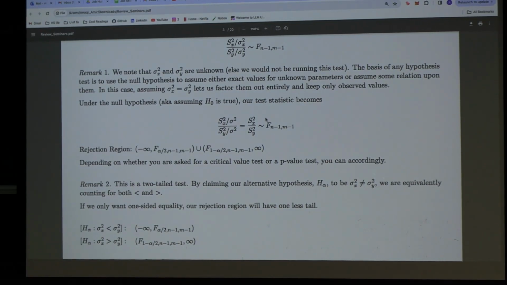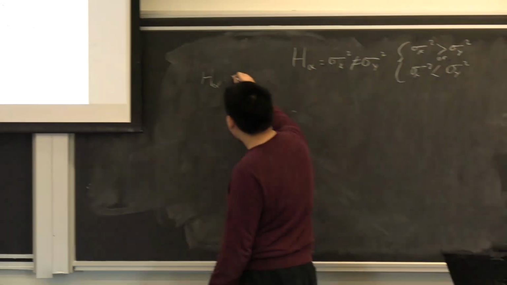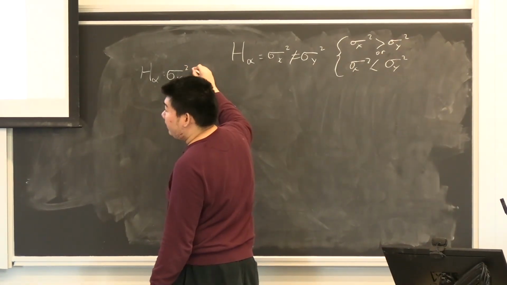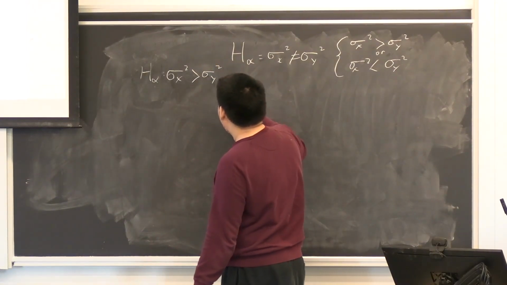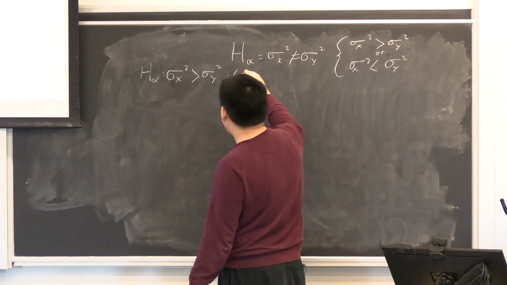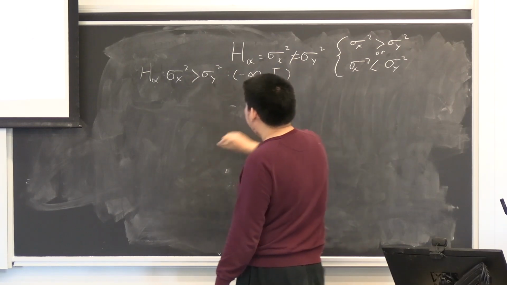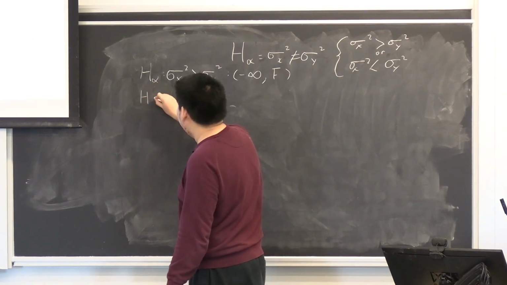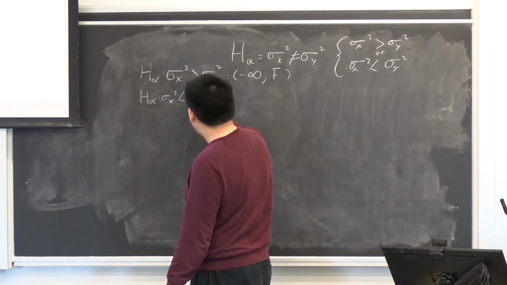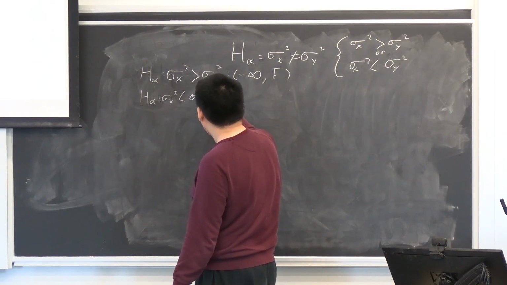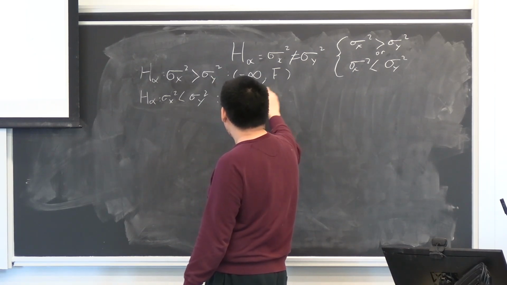So if we are testing for H_A of X squared greater than Y squared, that gives us the rejection region of negative infinity to f. And if we were testing for less than, then it's f to infinity.